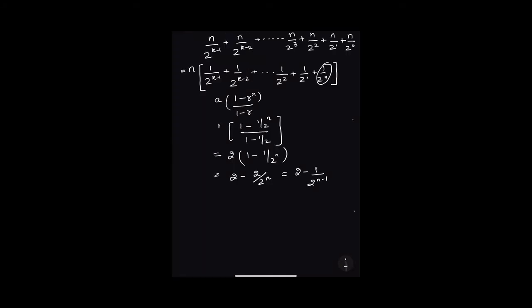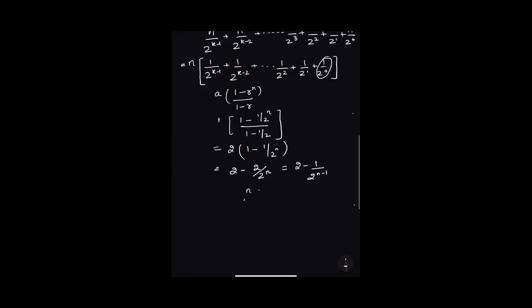If this n reaches infinity, then 2 raised to the power of n will also reach infinity. Now this value becomes infinity and we know that 1 by infinity equals 0. So I can say the total value of this expression equals 2.